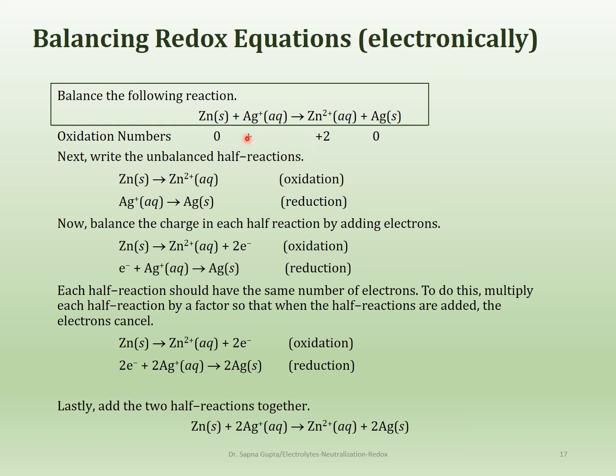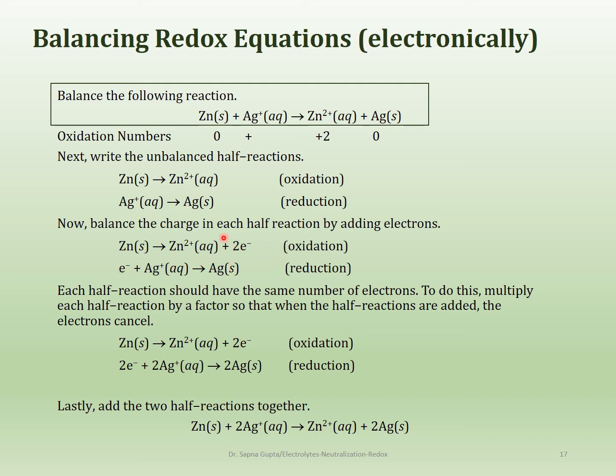It is oxidation. Silver is gaining the electrons, and so that is reduction. And then we'll write the equation out in terms of electrons. So zinc gives zinc 2 plus and 2 electrons, and silver gains 1 electron to give silver solid.